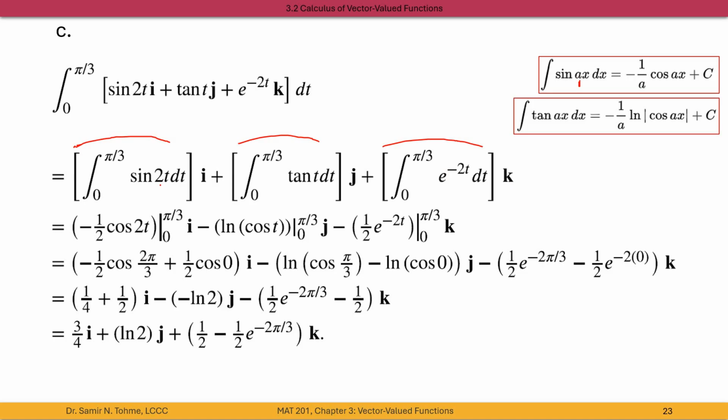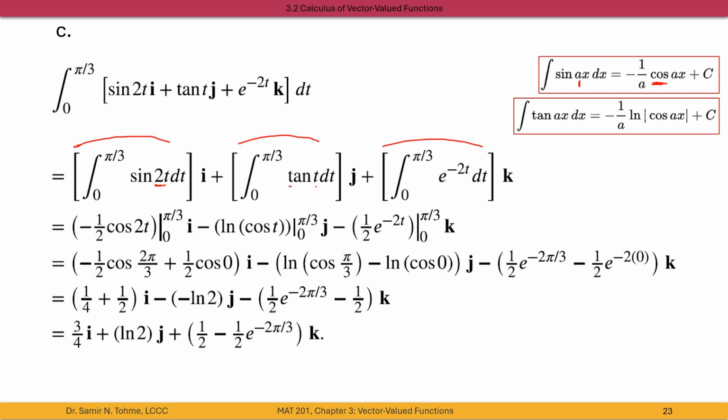In this case, a is 2. This will give you minus 1 over 2 cosine 2t. In the definite integrals, you don't put the constant of integration. You don't do that, okay? So we will then replace pi over 3 and 0 in cosine 2t.